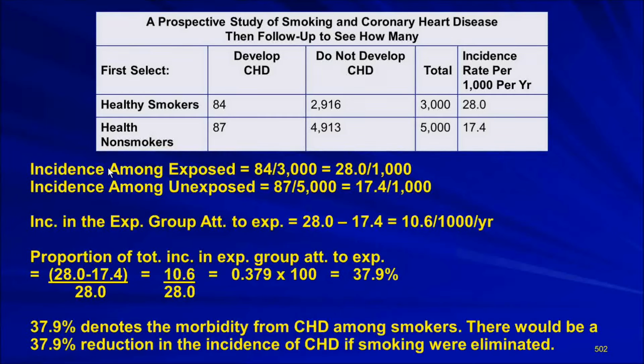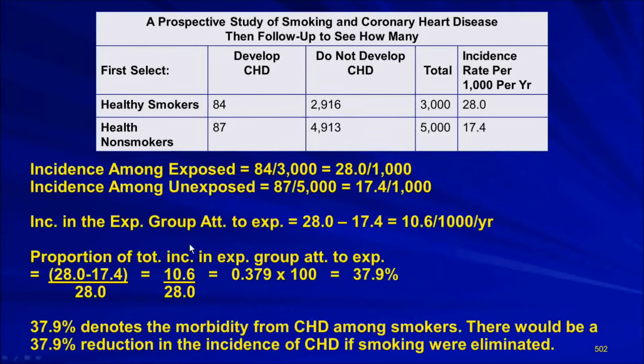We want to know the incidence rate or the absolute risk in the exposed group attributed to the exposure of smoking. So we just subtract the absolute risk among healthy non-smokers from the absolute risk among healthy smokers, and it's 10.6 per thousand per year.